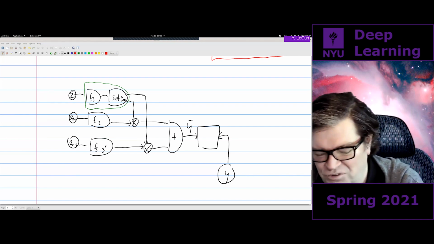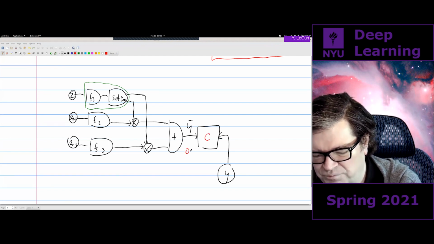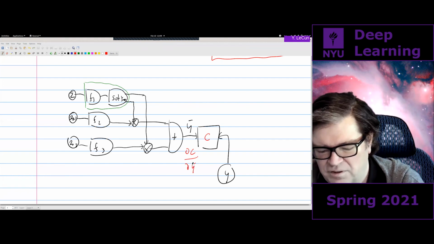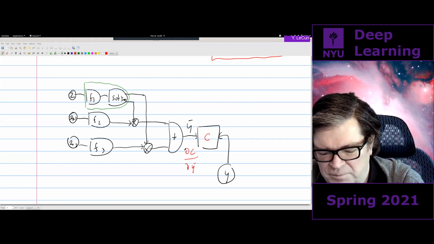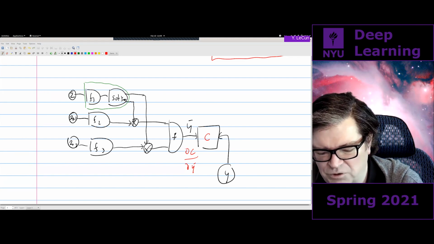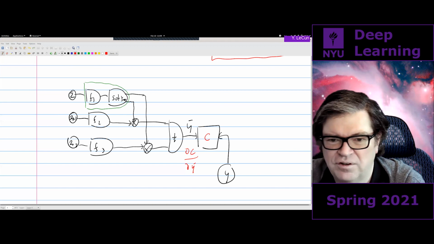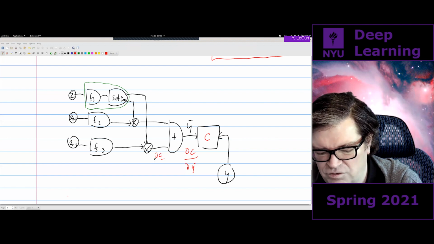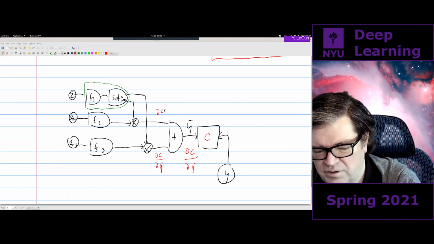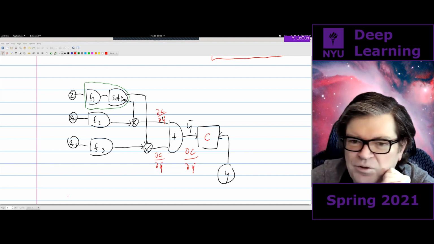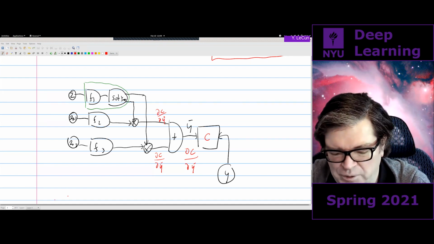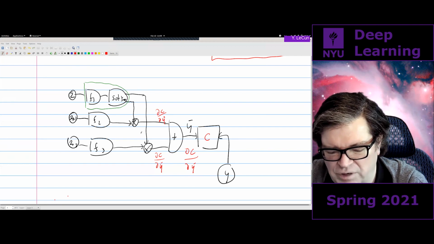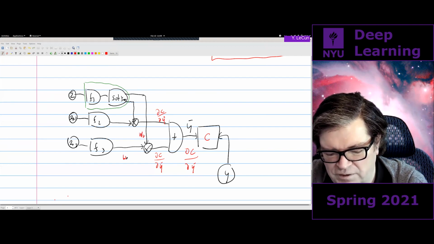Basically, I'm going to get some gradient here of my cost, dc over dy bar, which is going to be some value. Because this is a plus module, when you backpropagate through an addition, you basically have to copy the gradient on both inputs. So here I get dc over dy bar, the same value copied. When I backpropagate through a multiplication by a value, let me call this W2, here I get W2 times dc over dy bar.